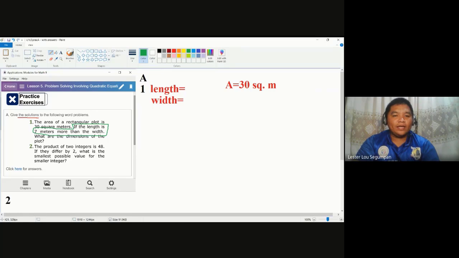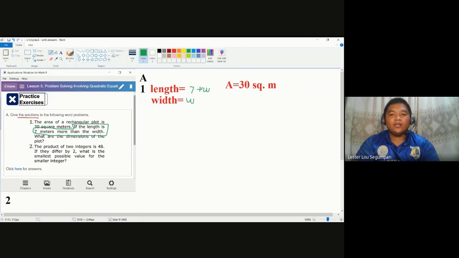So width is smaller than the length, so we could use W for our width. Since the length is 7 more than it, we could say that 7 plus W is the measurement of the length. So in short, if the measurement of the width is, let's say, 5, the length is 7 plus 5, 12, which is 7 more than 5.